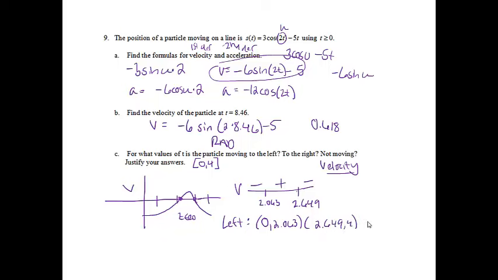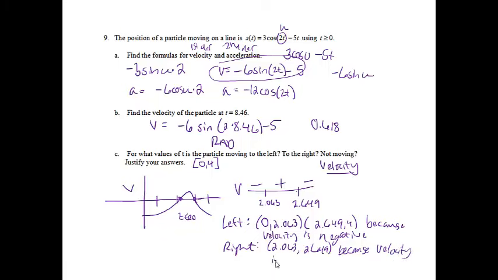And it does say to justify my answer, so this will be because velocity is negative. And then where's my particle moving to the right? That is going to be from 2.063 to 2.649, and that will be because the velocity is positive.